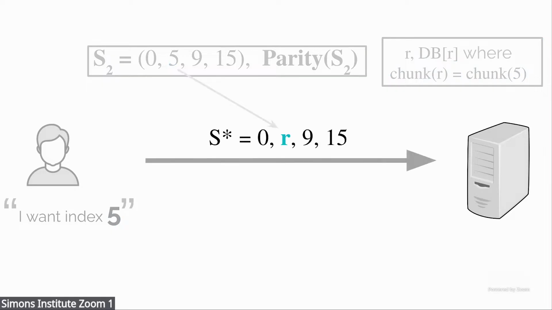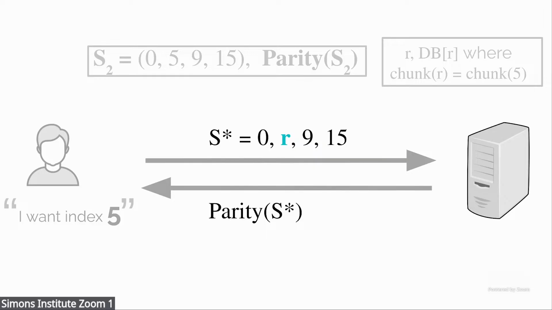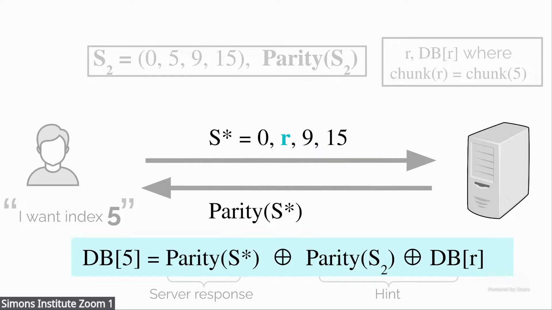Now I will take the set that I have found, but I don't want to disclose my query to the server. So I will take the spot that is my query and replace it with this random index in the replacement entry. I will send this modified set to the server, and the server computes the parity of the set and sends it back to me.